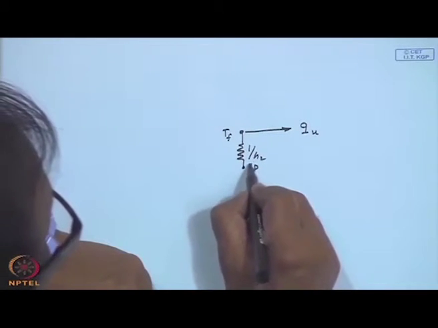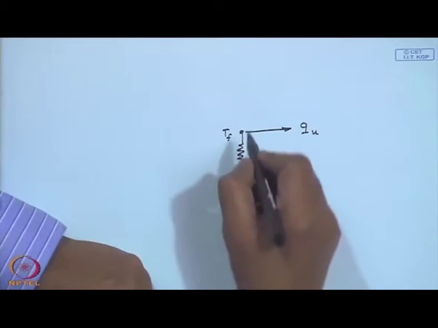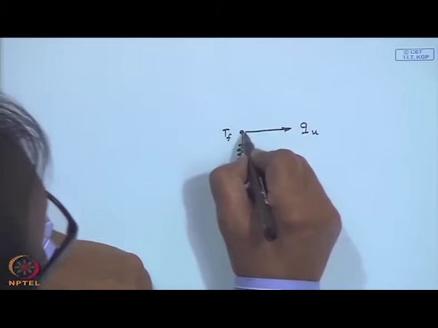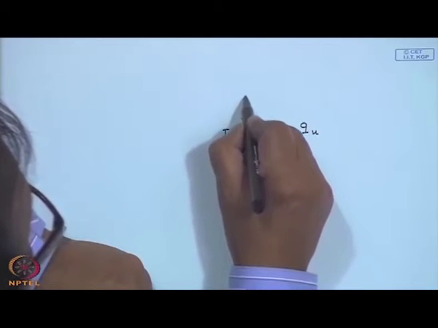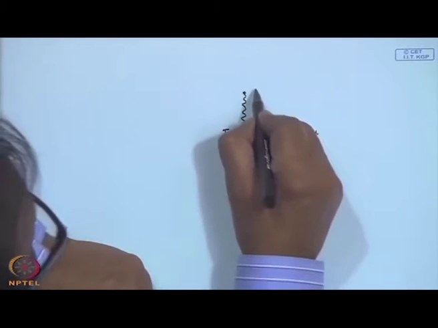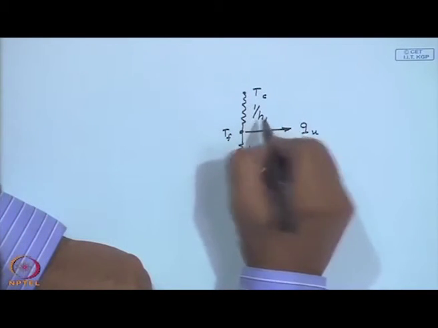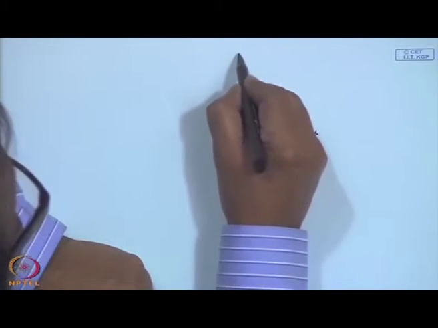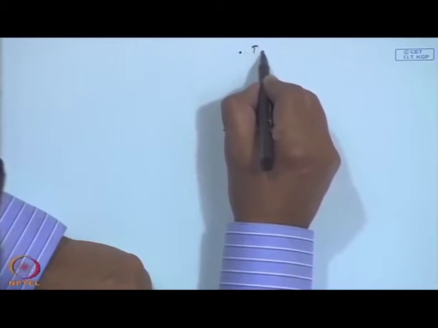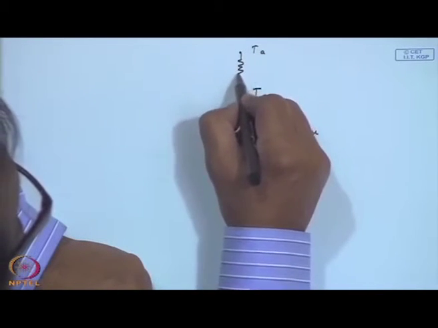Then from here to Tc, the cover temperature, with 1 upon H1 as the resistance, and then to Ta with a resistance of 1 upon Ut.